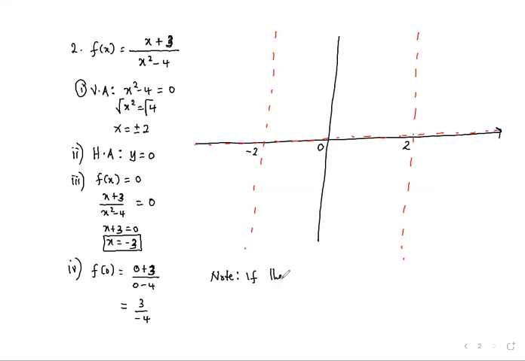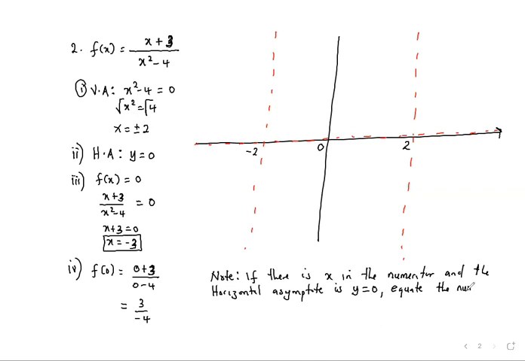if there is x in the numerator and the horizontal asymptote is 0, equate the numerator to 0.